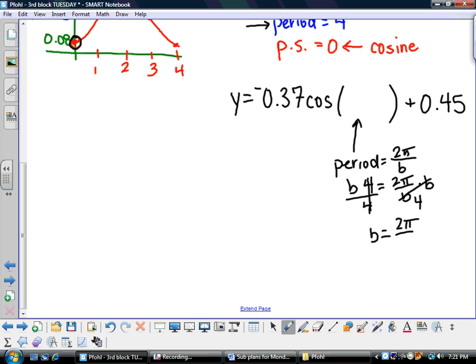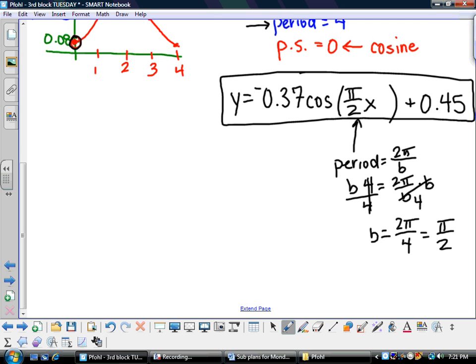We get 2 pi over 4, or in lowest terms, just pi over 2. So the value being multiplied by x is pi over 2. This is an equation that would model the situation. y equals negative 0.37 times the cosine of pi over 2 x plus 0.45.